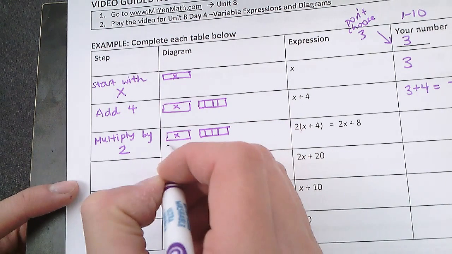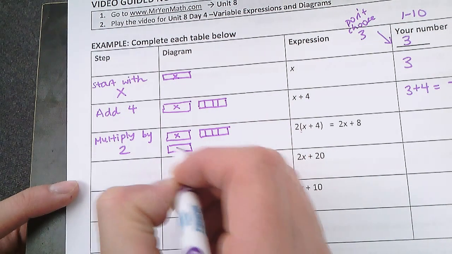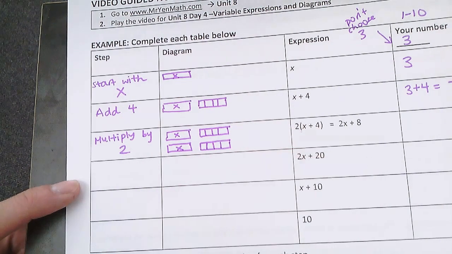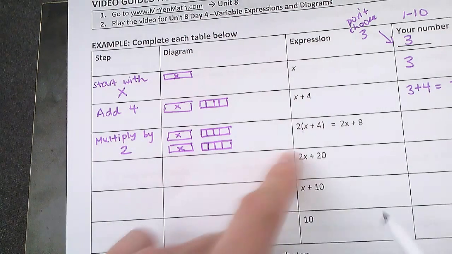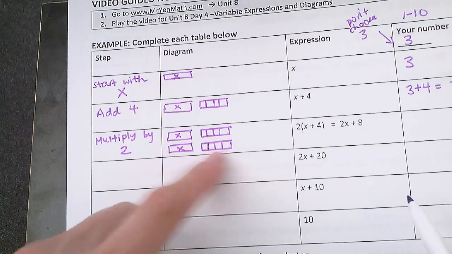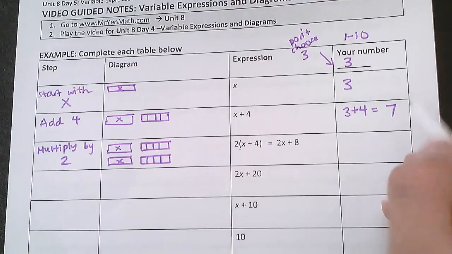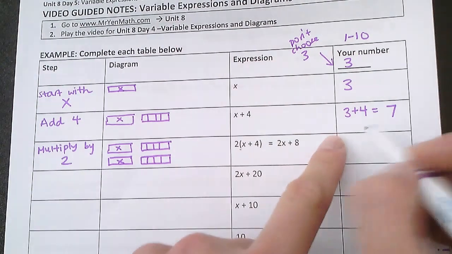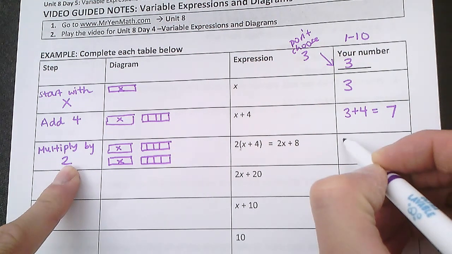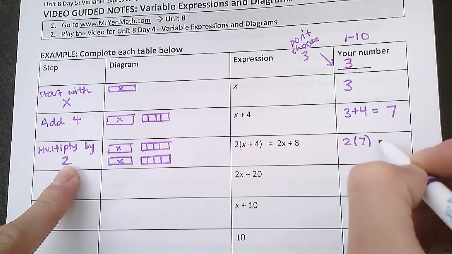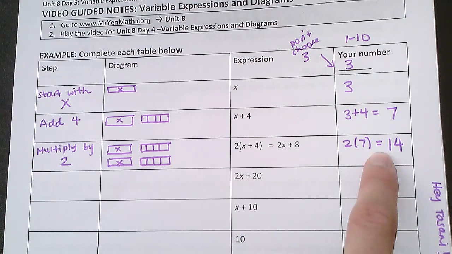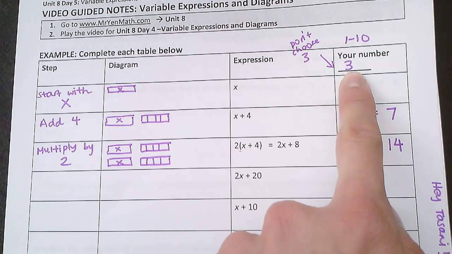And we multiplied it by 2, so we have a second set, an identical set right here. Another x plus 4. And you can see we had 2x plus 8. 2 x's and 8 ones, that matches up. And back here, with our number, so we had 7, and then we multiplied it by 2. So 2 times our number equals now 14. Your numbers, again, are going to be a little bit different because you picked a number that wasn't 3 here.